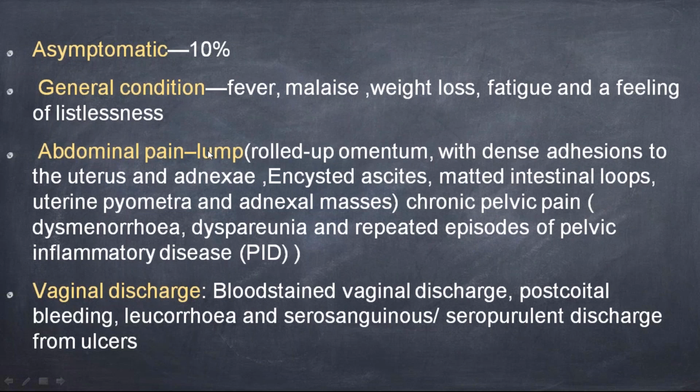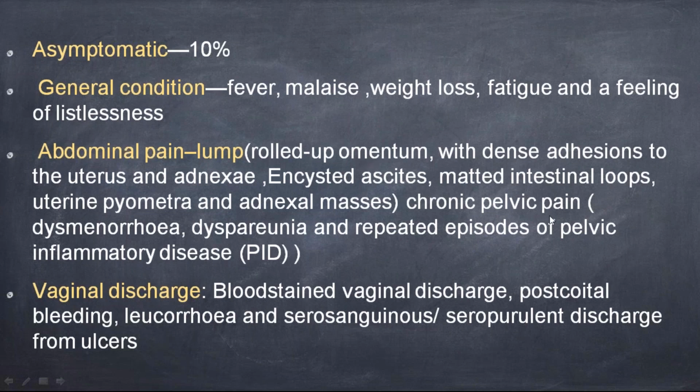Why the lump? Lump is formed due to rolled up omentum with dense adhesions to the uterus and adnexa, and sometimes encysted ascites, matted intestinal loops, uterine pyometra, and adnexal mass. These all present as mass per abdomen, that is lump per abdomen.